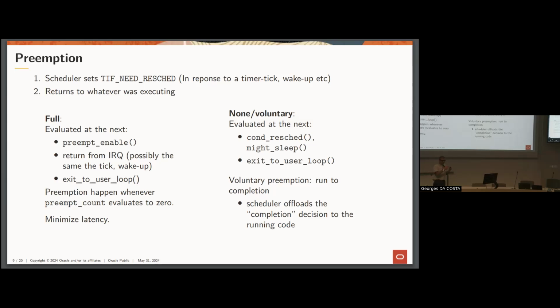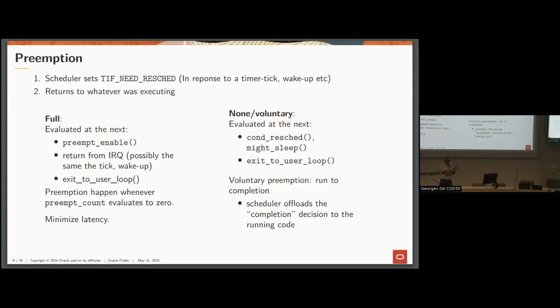If the kernel decides that the current task is done and we need to switch to a different task, all it would do is set this need_resched flag. The scheduler would know this in response to a timer tick or a wakeup or what have you, and then it would return to whatever was happening before that.